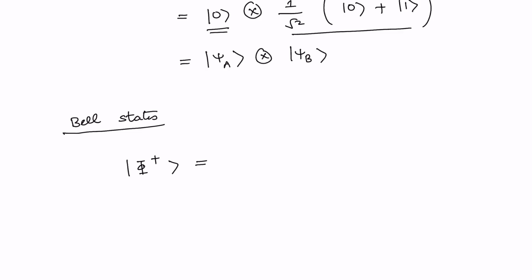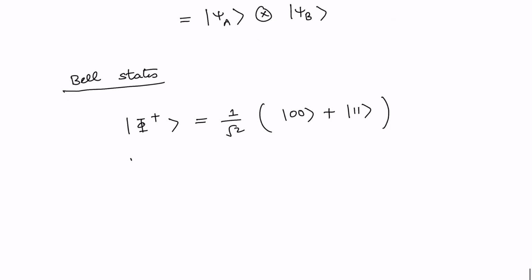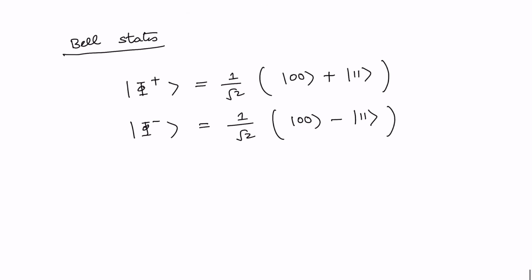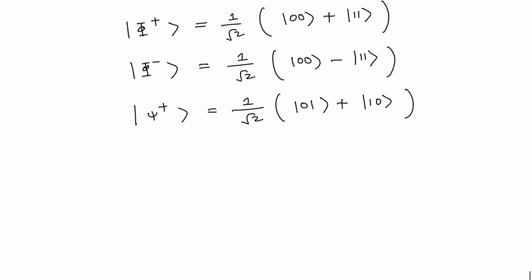Phi plus is equal to 1 by root 2 ket 00 plus ket 11, and then you have phi minus, that's also a Bell state, 1 by root 2 ket 00 minus ket 11, and then you have psi plus is equal to 1 by root 2 ket 01 plus ket 10, and you have psi minus is equal to 1 by root 2 ket 01 minus ket 10.